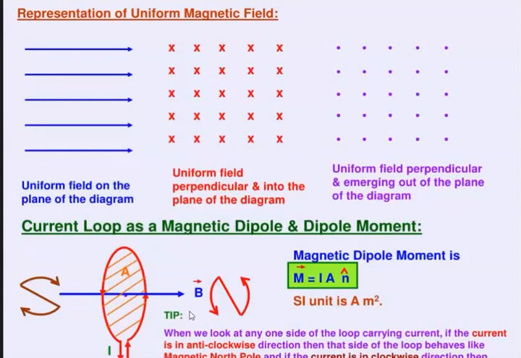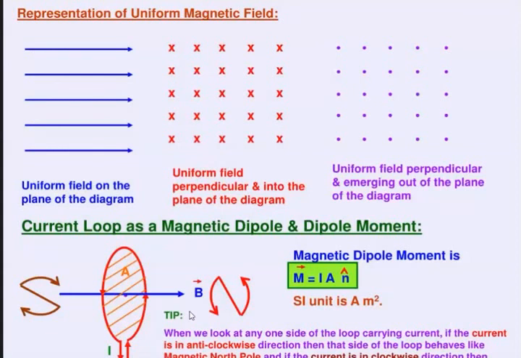So observing the loop above the two phases one by one, the same observer will observe that the current flowing through the loop is opposite to one another.